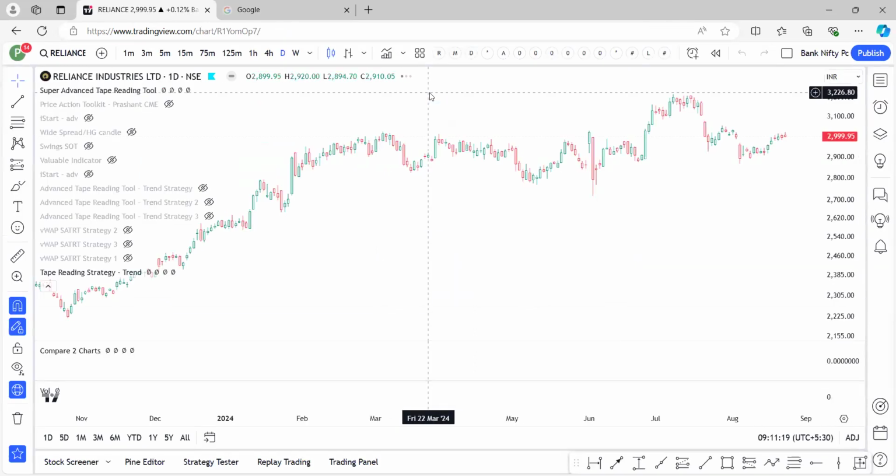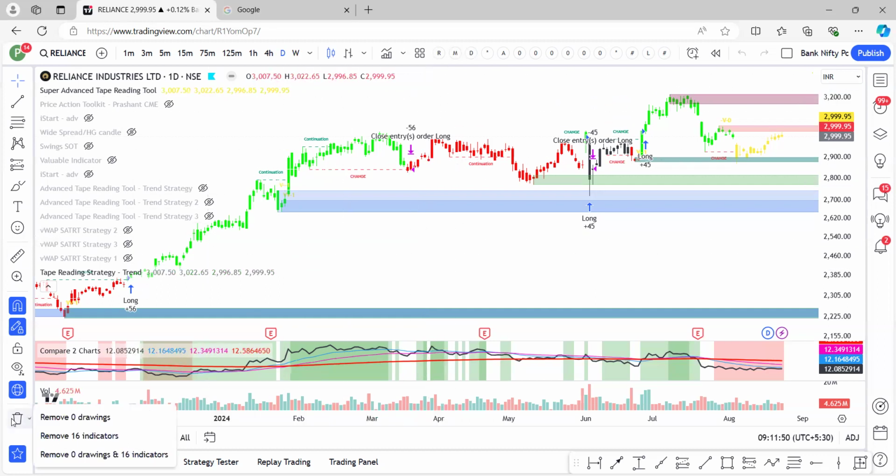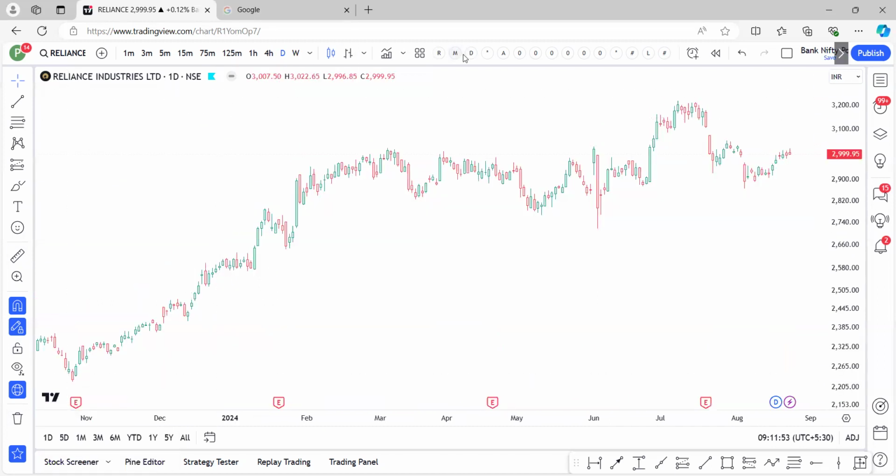Then when we go to charts, just a minute. So this is a chart. When we want to add an indicator, how can we do it?